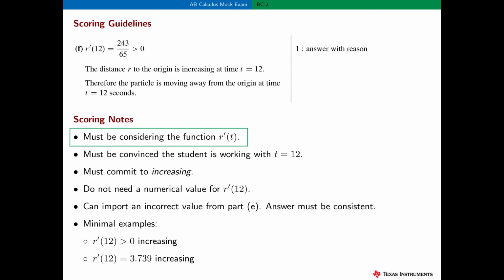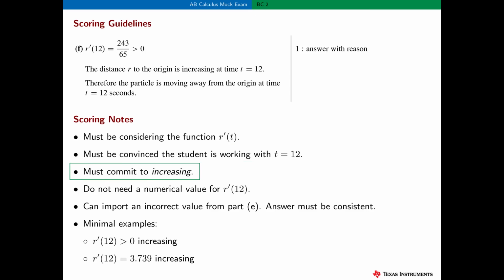First, the student must be working with the function r prime of t to draw a conclusion. They cannot earn this point by appealing to a different function or functions. We have to be convinced that the student is working with t equal 12 seconds. If there is no evidence of this time, then the student does not earn the point.